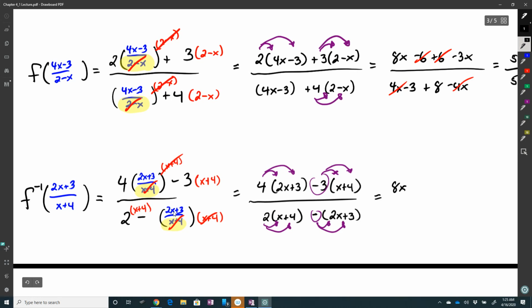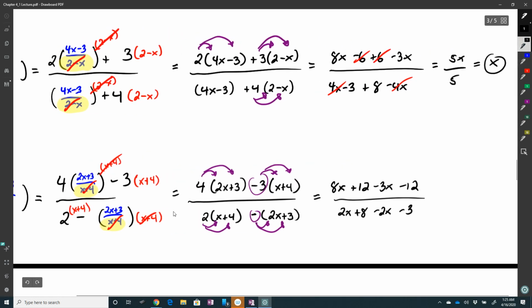So I get 8x plus 12 minus 3x minus 12, and then 2x plus 8 minus 2x minus 3. And notice the same thing happens.